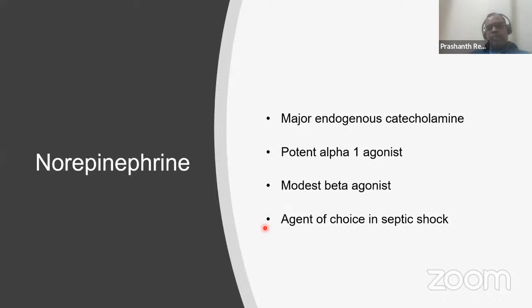It was the most frequently used agent, but norepinephrine has replaced dopamine also. The tachycardia and cardiac toxicity with dopamine are comparatively much less with norepinephrine. So it has become the agent of choice for all the vasoplegic conditions.